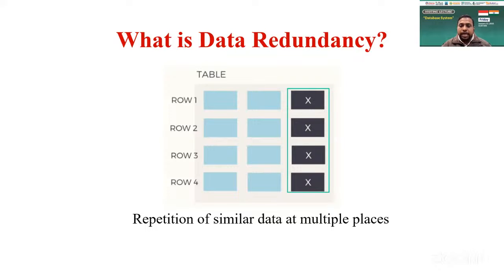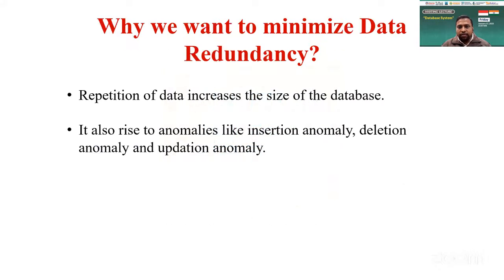Why? Because it takes a lot of memory space. It also creates inconsistency in the data, and it also creates all these types of anomalies, like insertion, deletion, and updation anomaly. So first, we want to minimize data redundancy to solve all these problems.